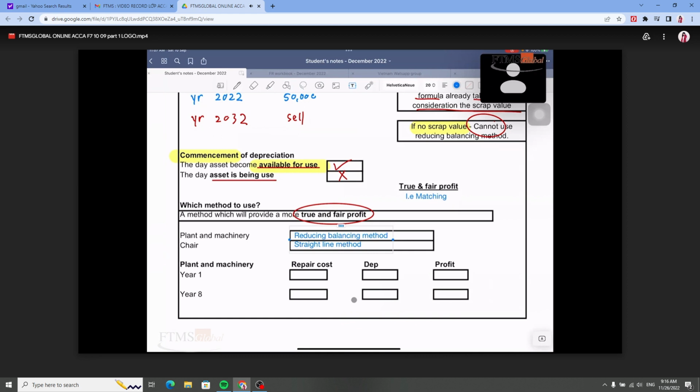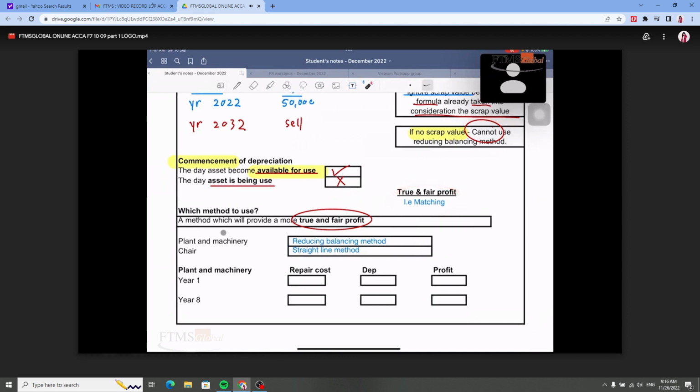But the thing is, why? How come plant and machinery have to use the reducing balancing method? I'm going to show you the answer. The answer is because of matching. So for plant and machinery, remember, the method they are using is the reducing balancing method.